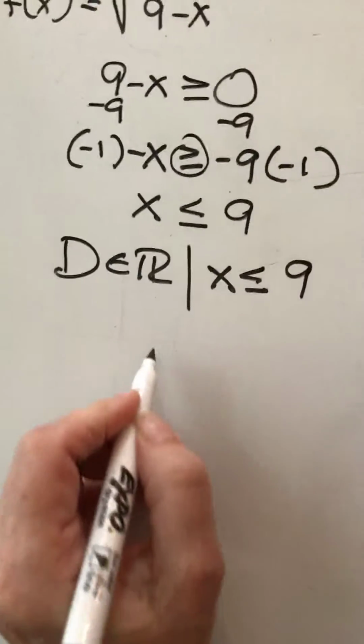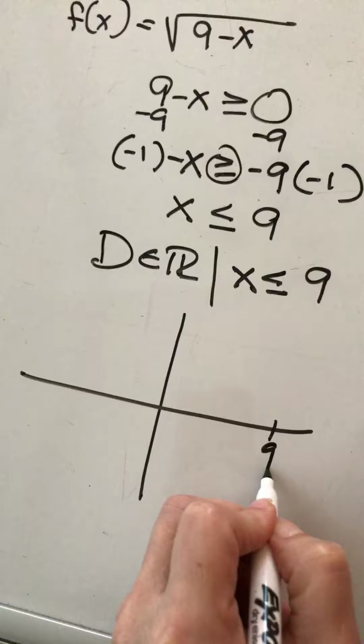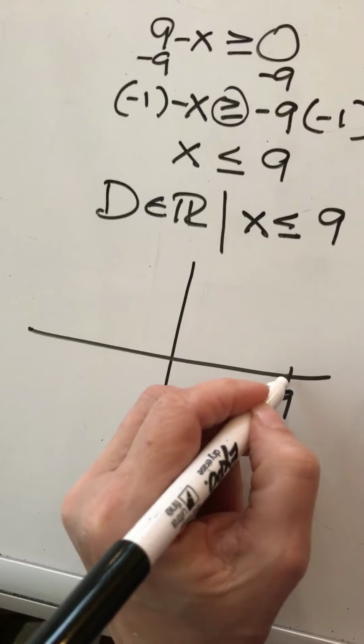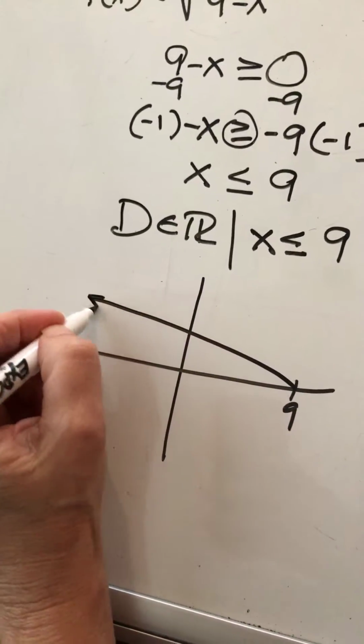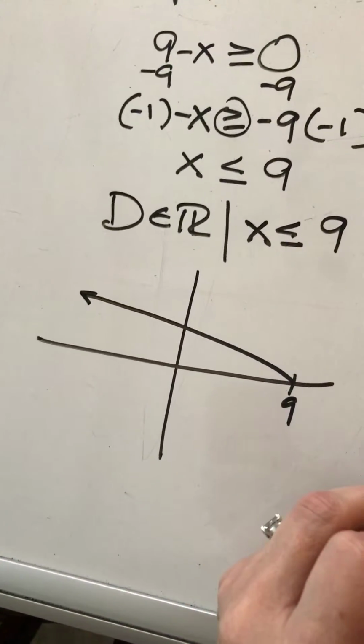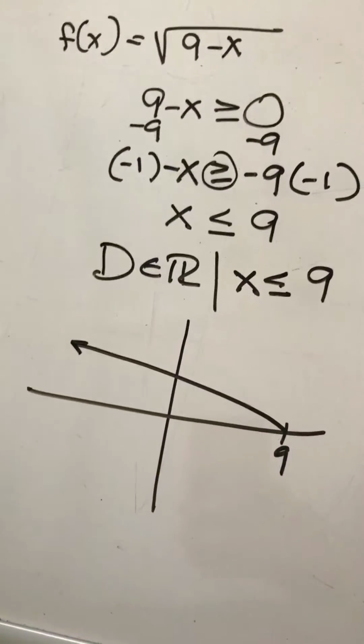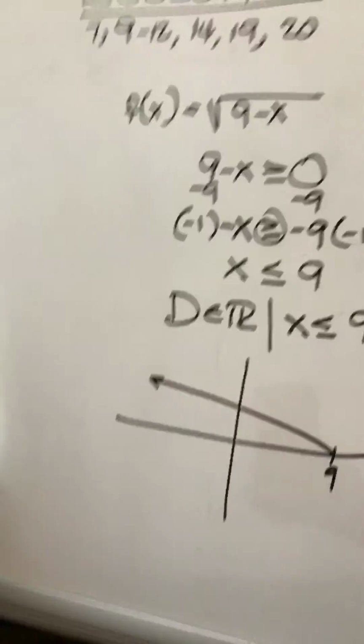And remember, I graphed one on the board, and this is what that graph looks like. There is no line to the right of 9 on the x-axis. Okay, so that's number 9.